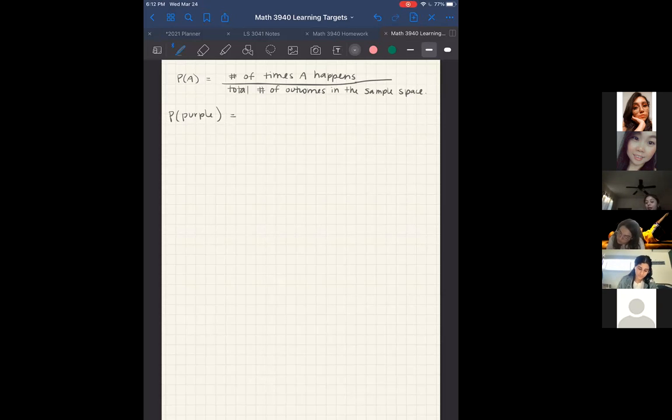So how many number of times did we pull out purple? One. Didn't we say... wait, give me a second. On slide 15, so 61, right? Yeah, 61. And then how many times did we pull out blocks in general? 200. So 200.